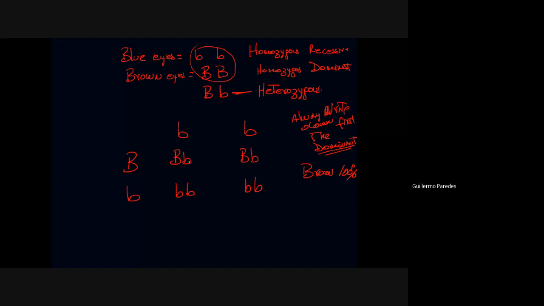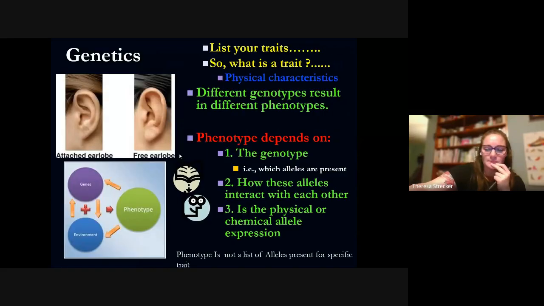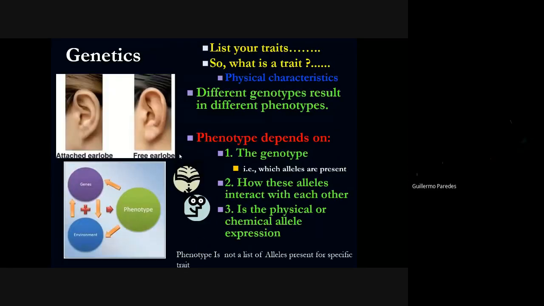We have 50% brown eyes and 50% blue eyes. So this is going to be homozygous recessive, heterozygous, and heterozygous. We okay with that? Yes. All right, so let's go to the ears.